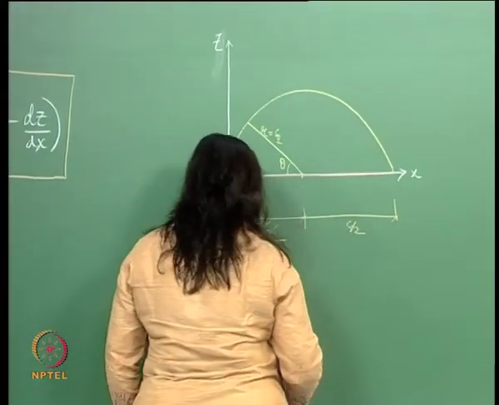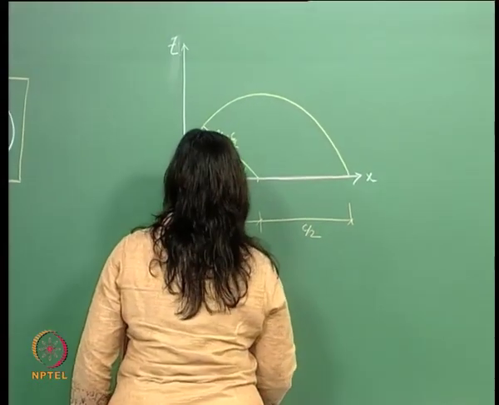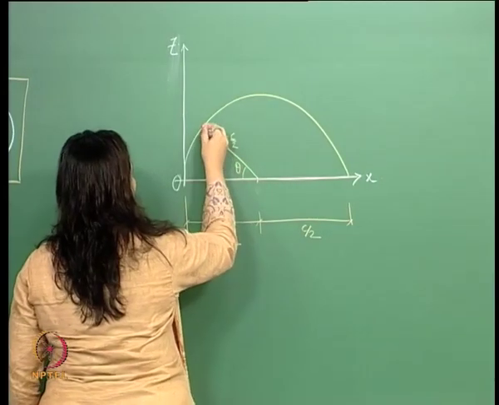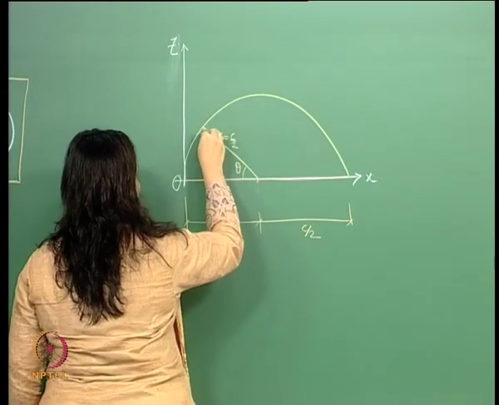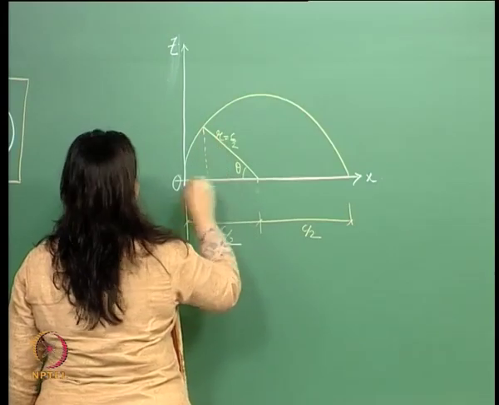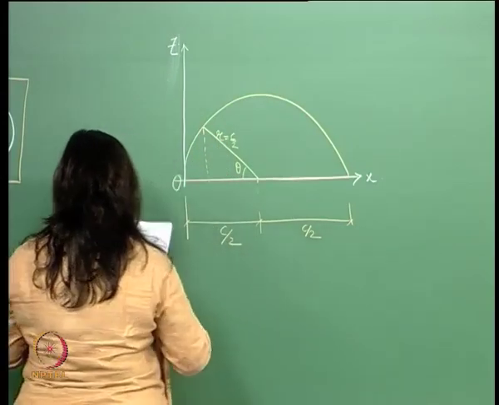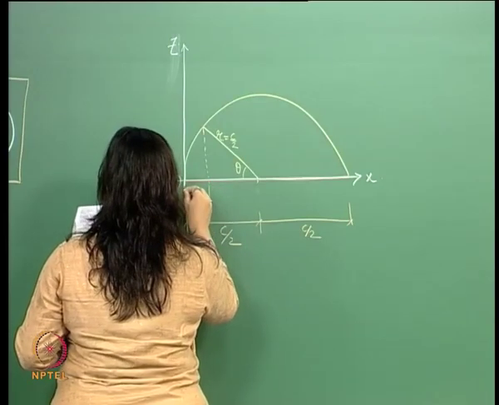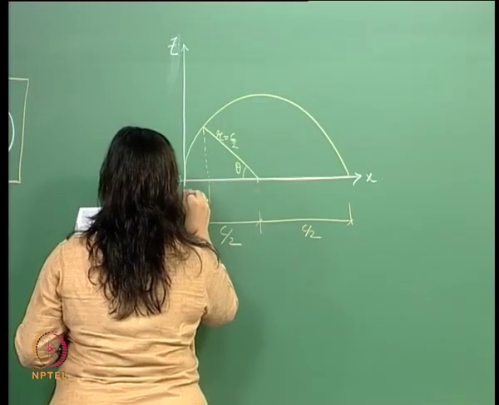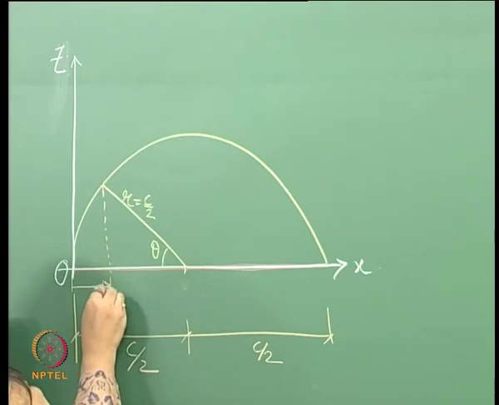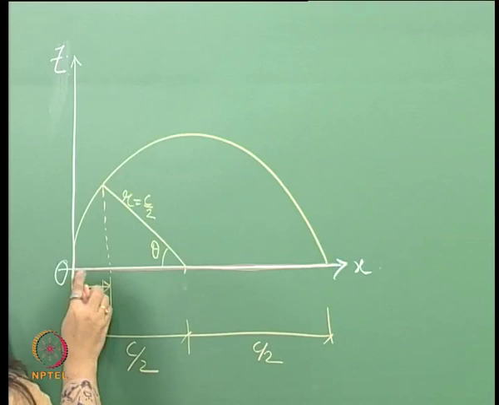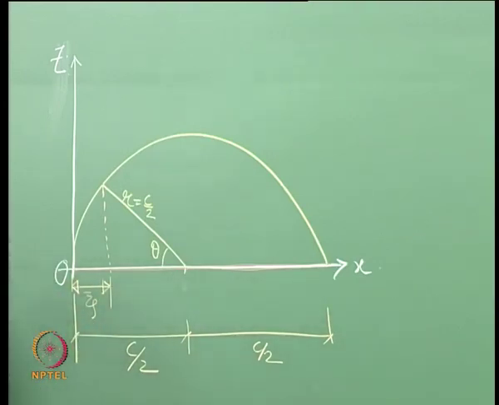Now if I drop a perpendicular from here, this distance is z.